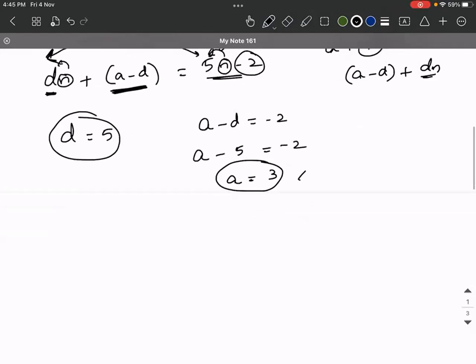Yeah. So look at the 7th one. 6th term of an AP is minus 10.